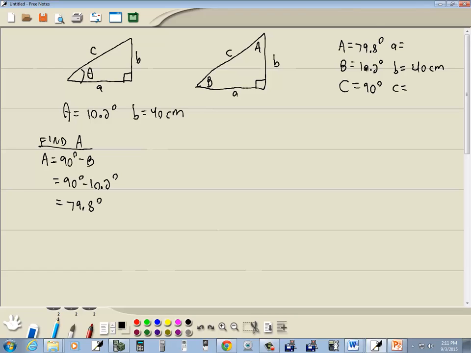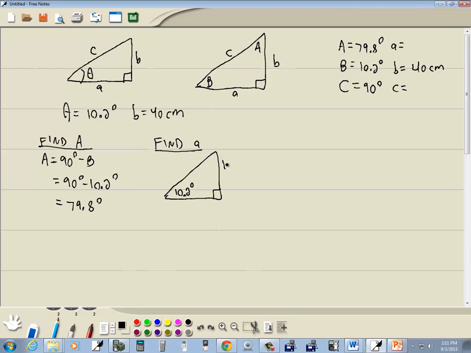Now A is not an approximation, B is not an approximation, so I could use either one of these in these next ones. But I want to find side A. Okay, so if we draw a picture, they tell us that B is 10.2 degrees, and they also give us side B, which from our picture is over here.